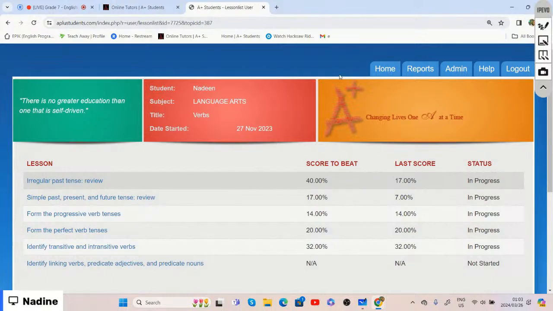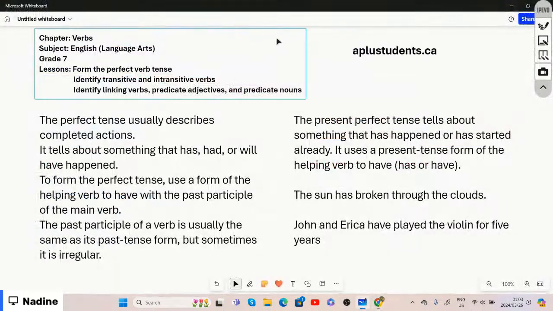All right. So our chapter is verbs. Our subject is English language arts, grade 7.